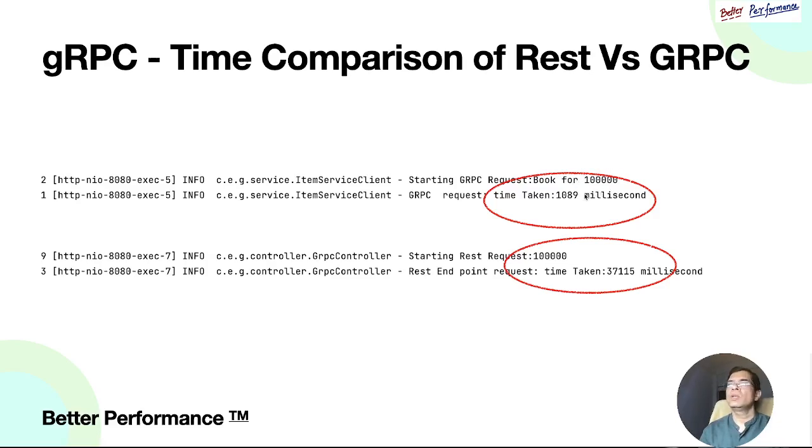It is taking 1089 milliseconds, whereas if we use the REST endpoints for the same type of request, it is taking 37 seconds. So 1 second versus 37 seconds, approximately 35 times higher in processing time. So REST is always taking more time, whereas gRPC is taking less time.